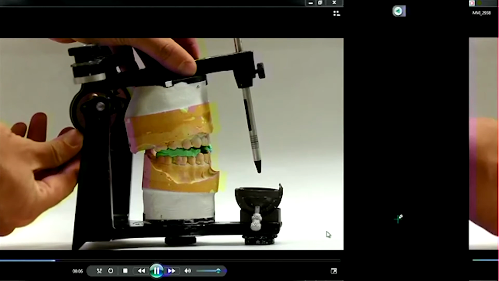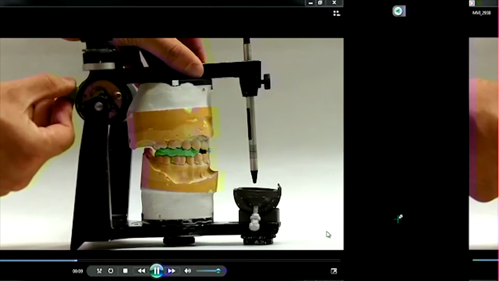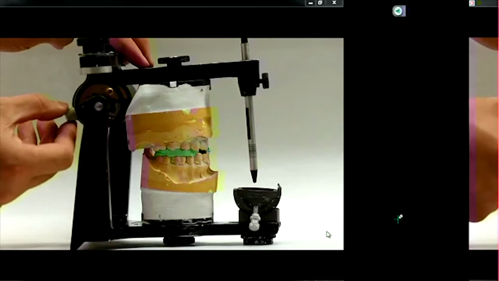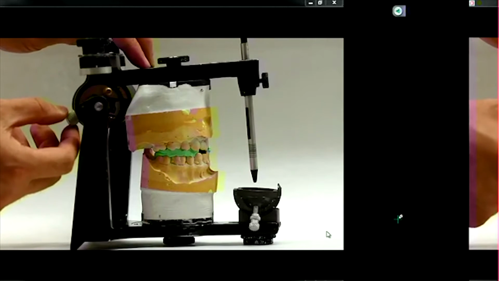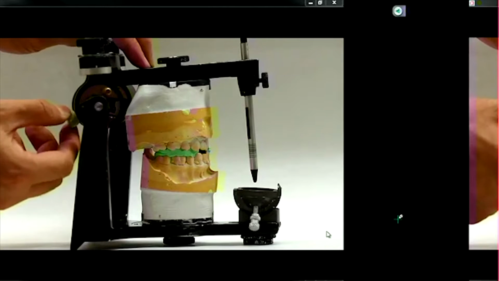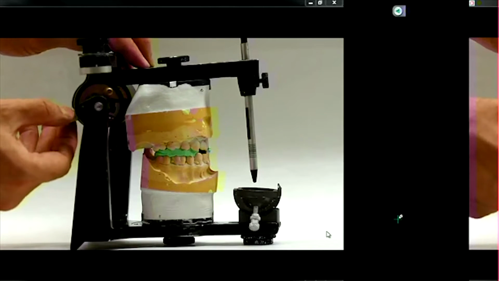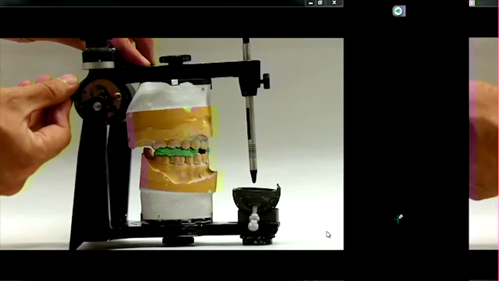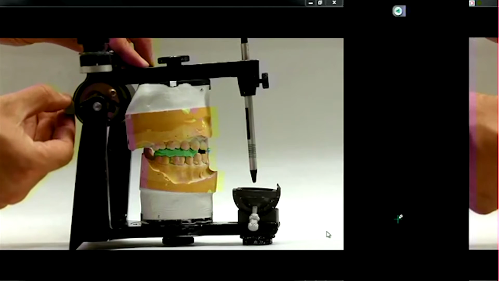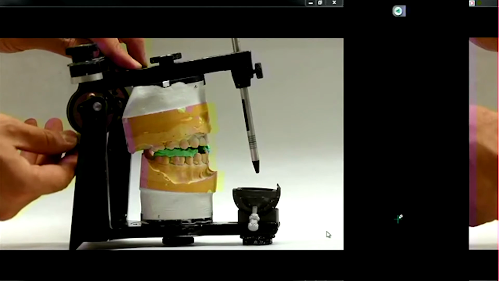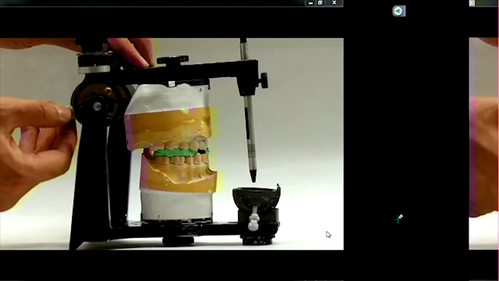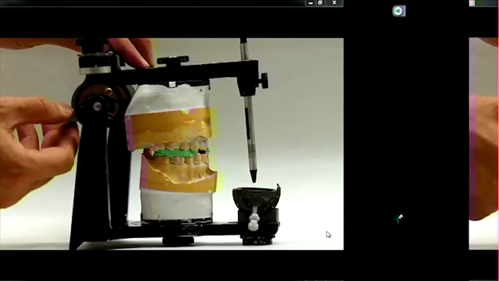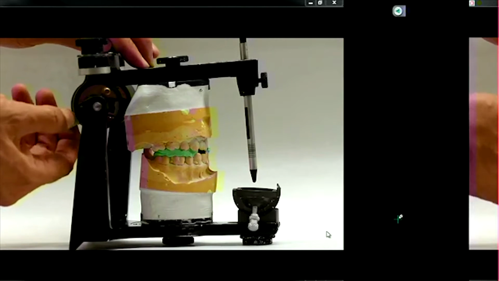So we're going from steep to shallow, and you can see as we go through that range, there's going to be an inclination or an angle at which it's the most stable. And once you find that angle, and sometimes it's a little subtle, there may be a little bit of a range, then you want to lock that in place, and that becomes your condylar inclination.